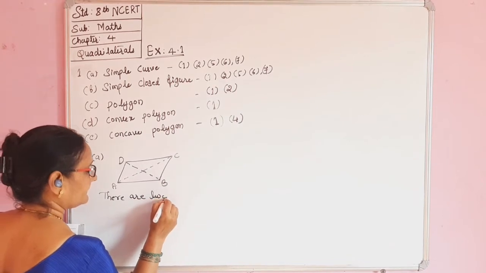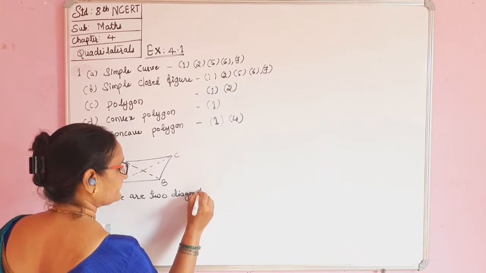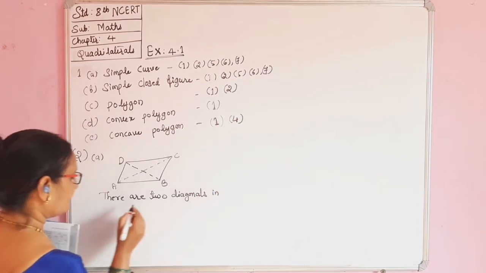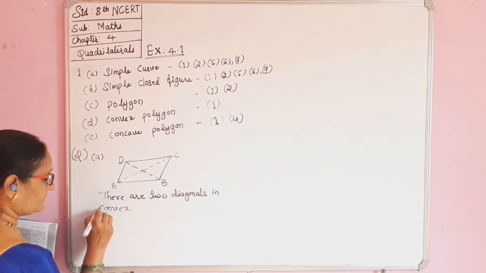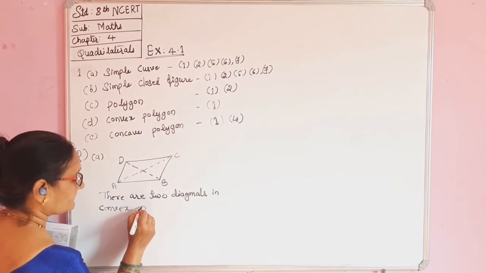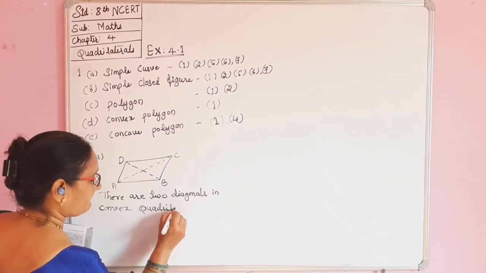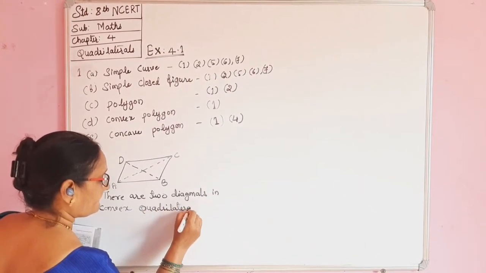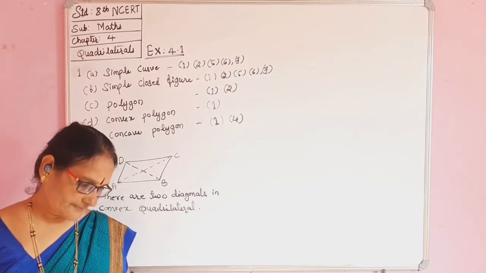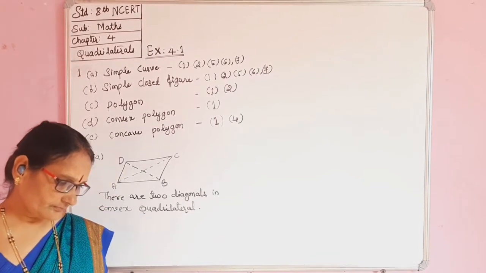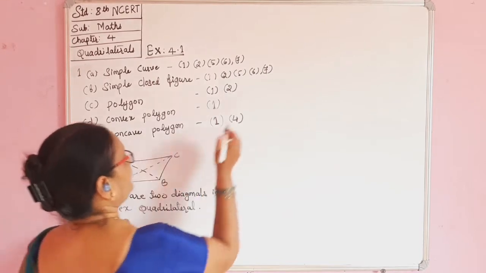There are 2 diagonals in a convex quadrilateral. In the same way, we have to see a regular hexagon.